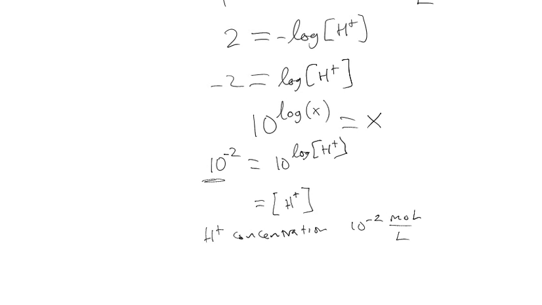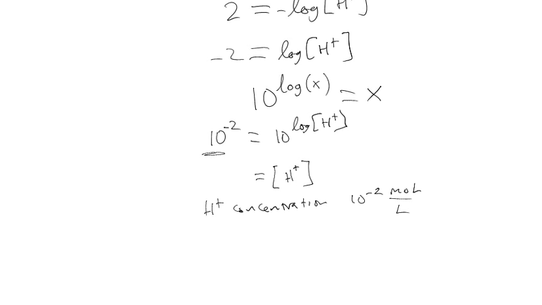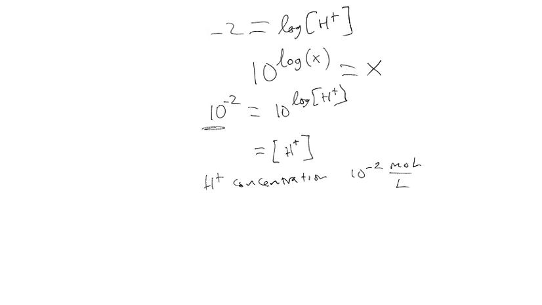Okay, so now we have the concentration, but we want to figure out how many H plus ions are in there. Let's first figure out how many H plus ions are in a milliliter. We can convert what we have here into milliliters and figure out the number of moles per milliliter. Converting is always just multiplying something by 1.